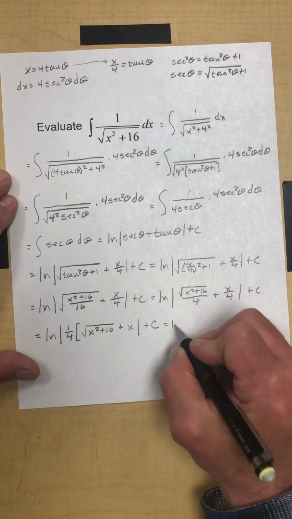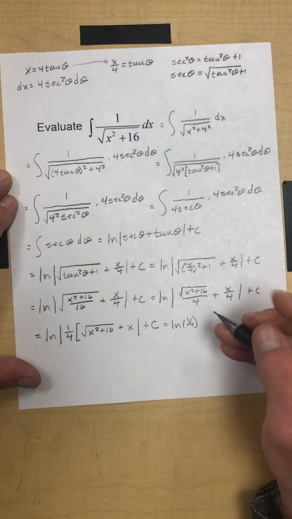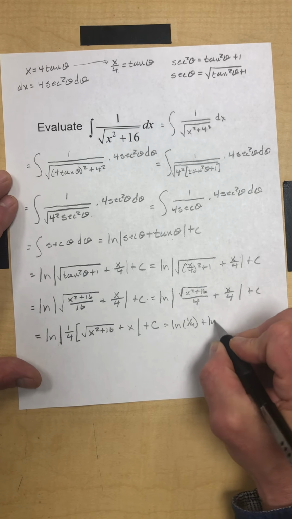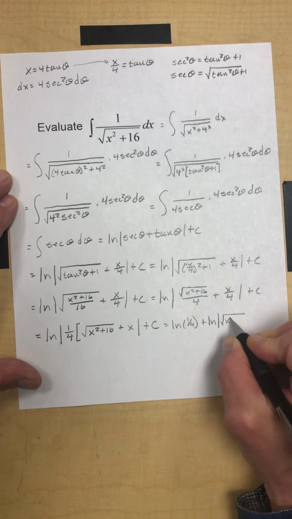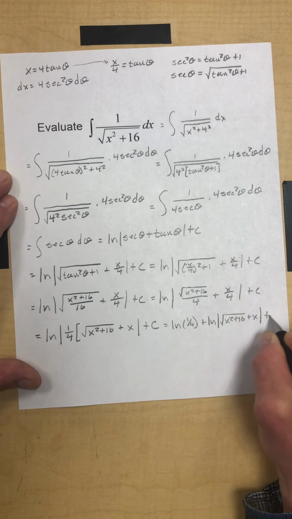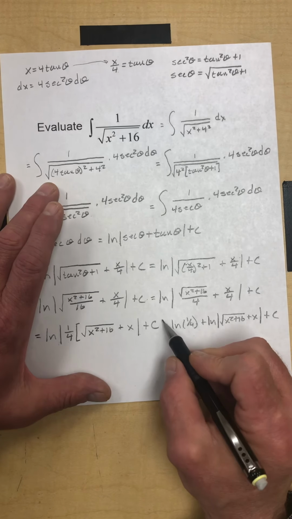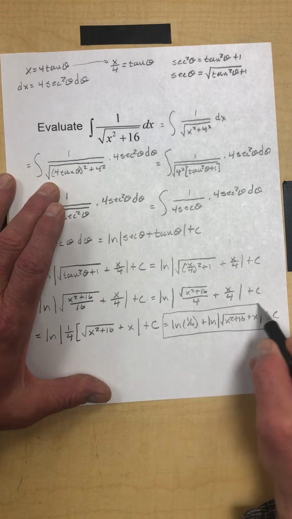And so that would give us the natural log of 1/4 plus the natural log of the absolute value of the square root of x squared plus 16 plus x, plus a constant of integration. And once again, just like the last one, I don't have any problem with this answer.